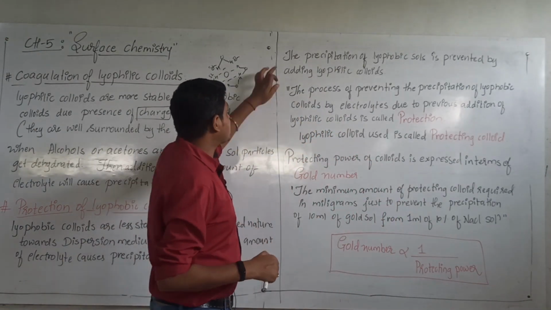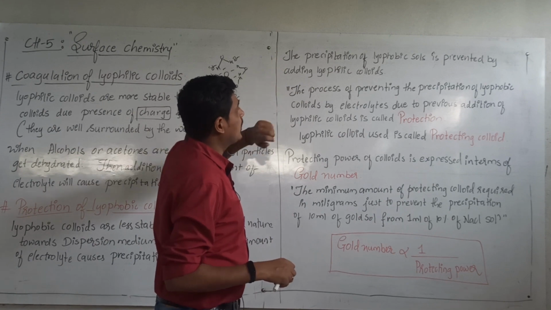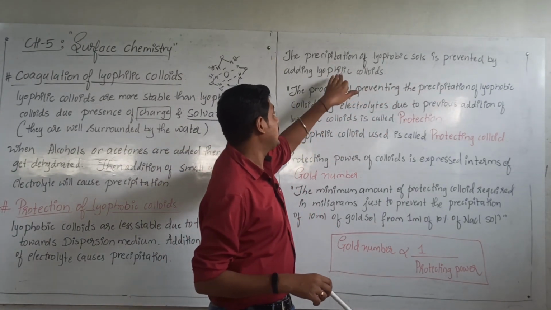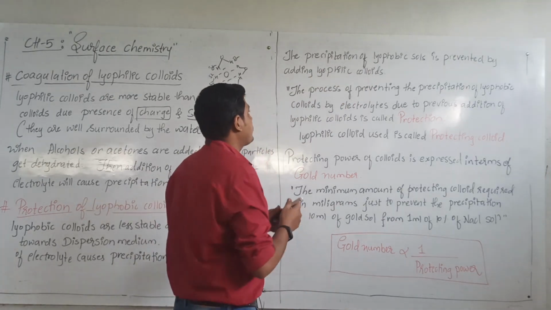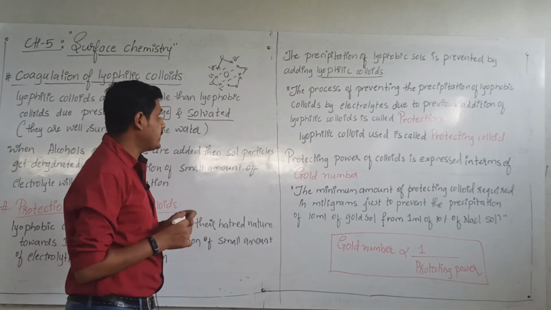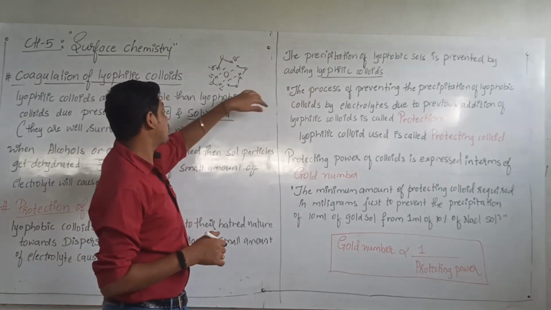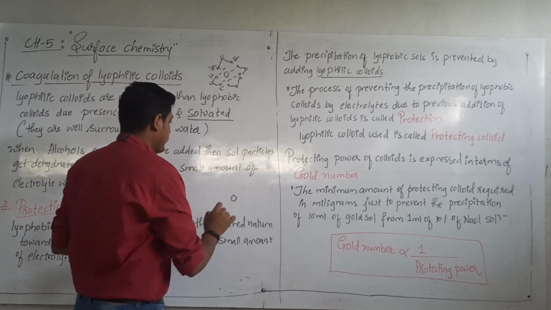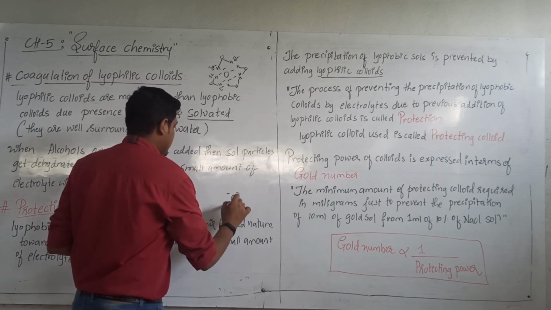See, the precipitation of lyophobic sols is prevented by adding lyophilic colloids. This is important. So if we add lyophilic colloids to the lyophobic colloids, what will happen? If this is your lyophobic colloid, certain charges are there.